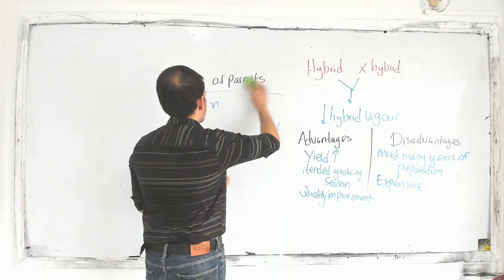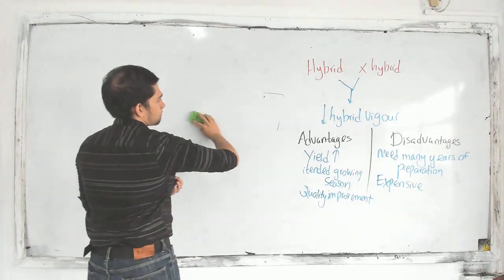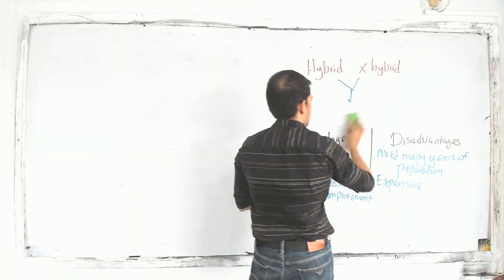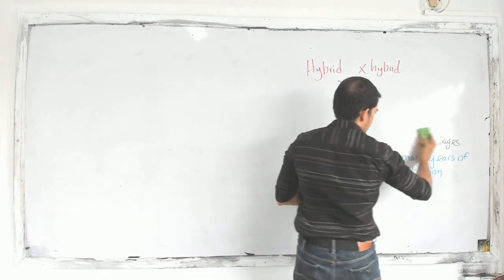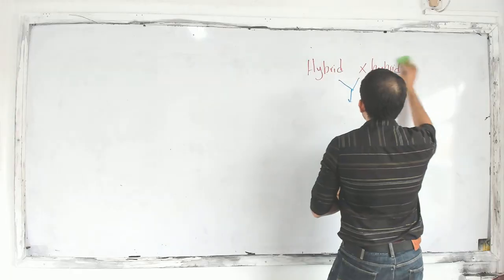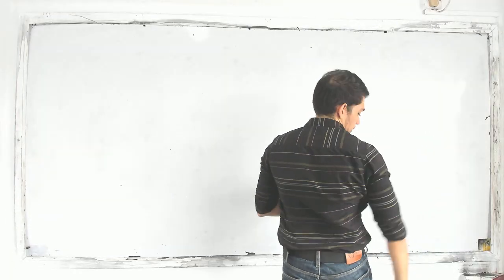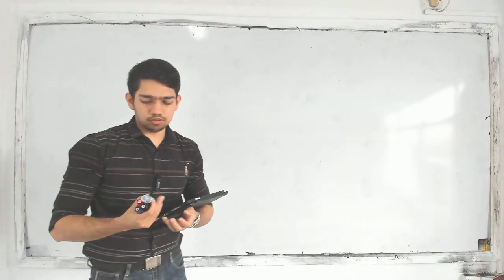Interspecies breeding. As the name says, you are breeding two organisms of two different species.